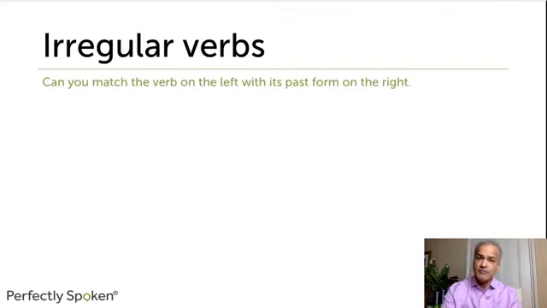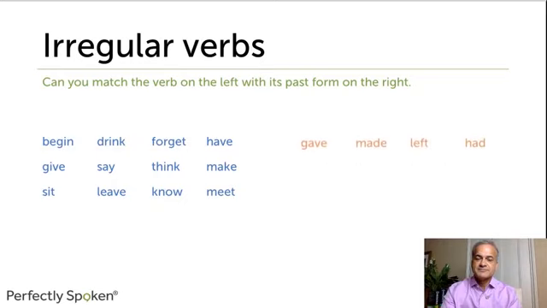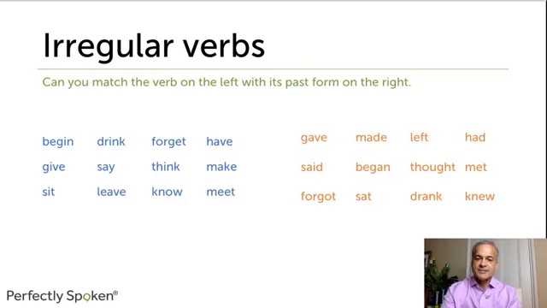Okay, some more irregular verbs to match the left with the right. Again, pronunciation. Begin, drink, forget, have, give, say, think, make, sit, leave, know, meet.